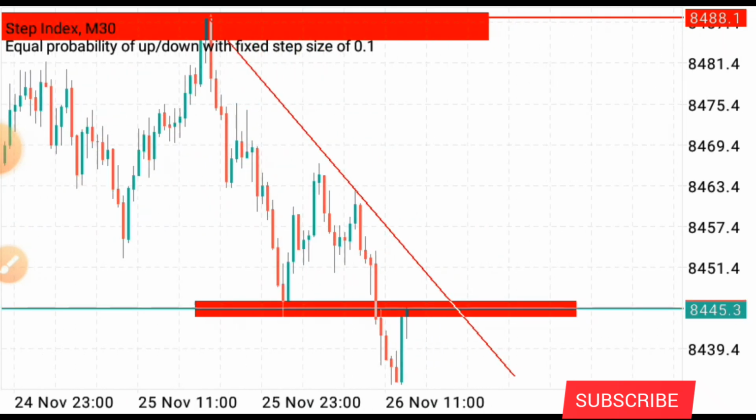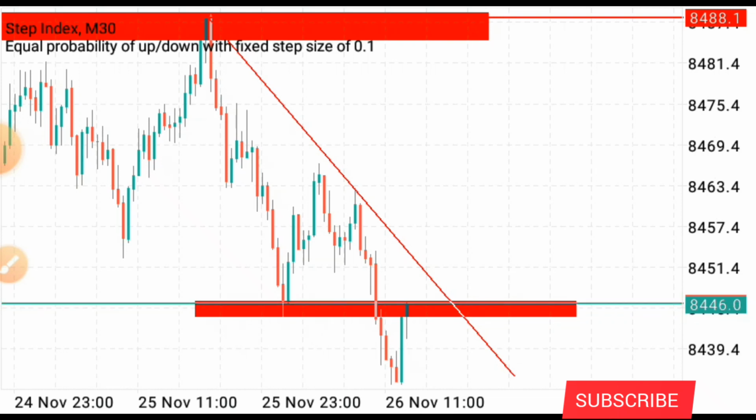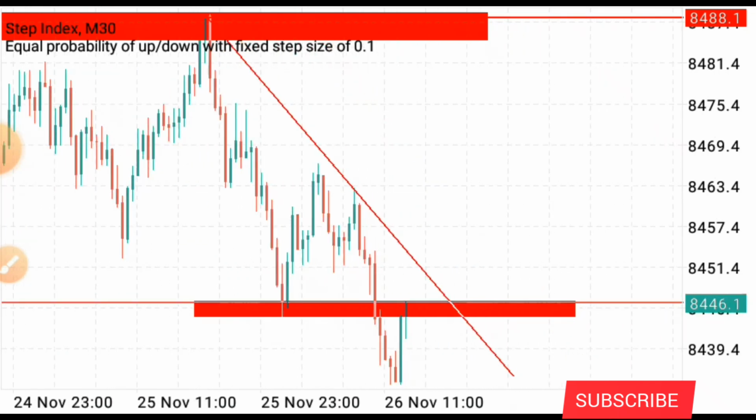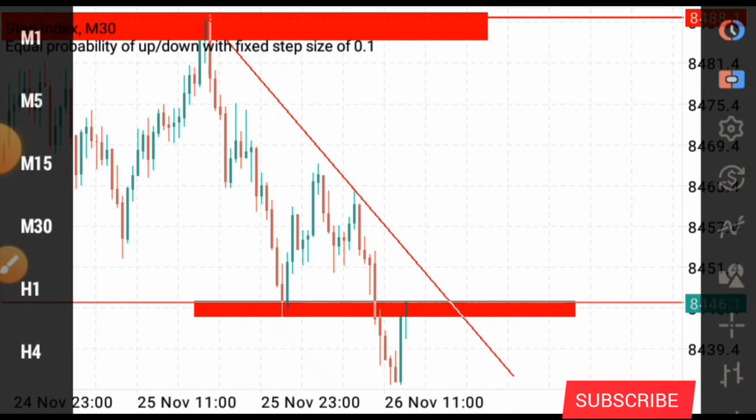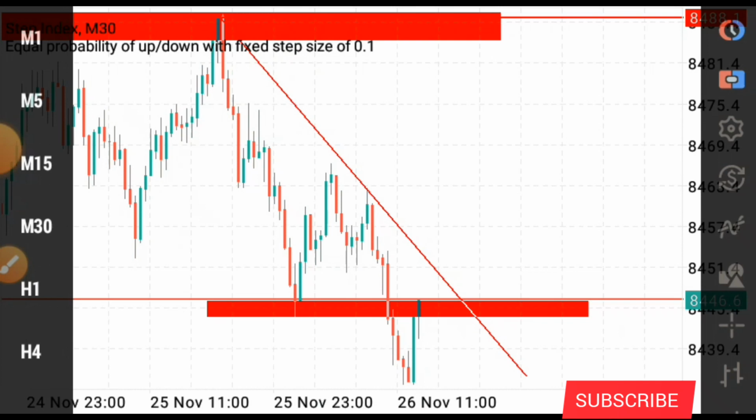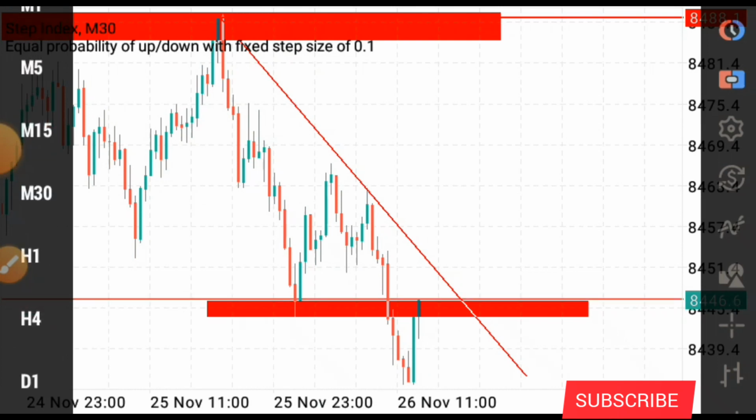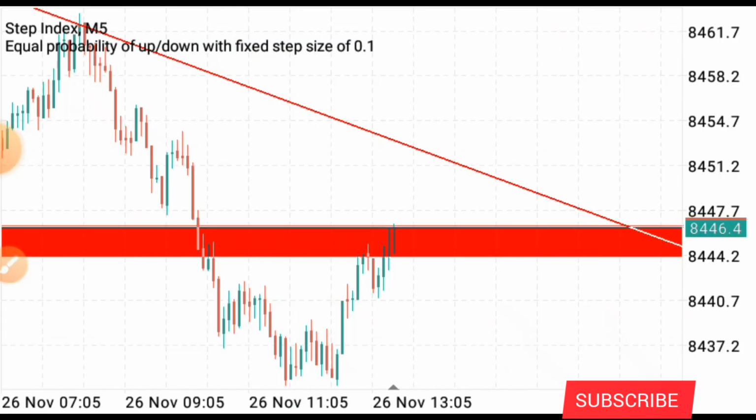So here on this zone, you can see that currently on the 30-minute time frame we are in a downtrend, right? So what I'm currently looking out for is a sell trade. Let me check something on the 5-minute time frame and see what's going on there.